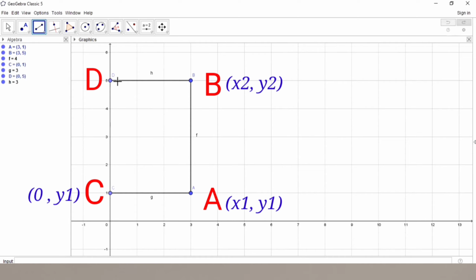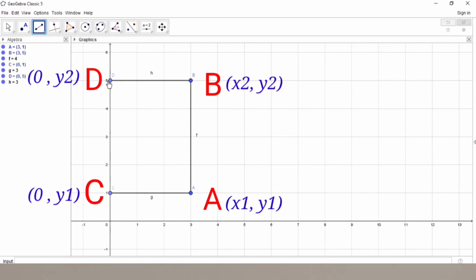In the same way, the coordinates of point B are x2, y2, and we have drawn a perpendicular from point B to y-axis. Its y-coordinate must be same, that is the y-coordinate of point D must be y2, and as it is the point on y-axis, its x-coordinate must be 0. So the coordinates of point D are 0, y2.